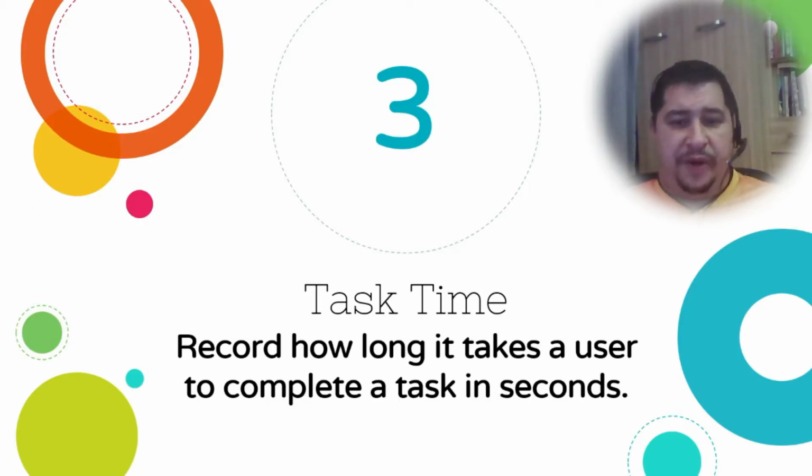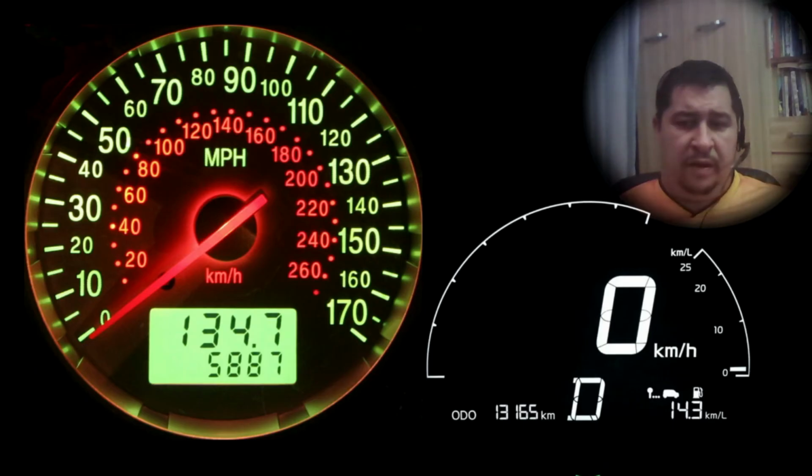Metric number 3 is the task time, where we need to record how long it takes the user to complete a task. Usually it is measured in seconds. So you have a task, and you need to determine how long it takes to complete it.